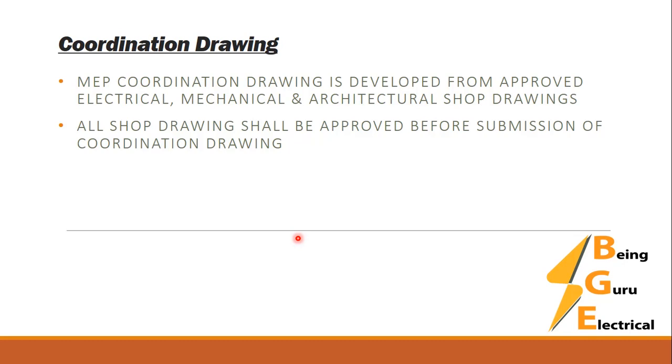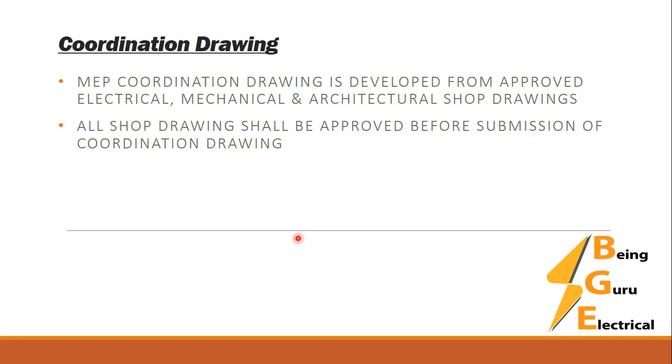For example, if the mechanical engineer places water pipes in the false ceiling, and in the same area the electrical engineer puts the cable tray, there is a conflict. So these conflicts are solved in the MEP coordination drawing. So this is very important before the execution of the work.